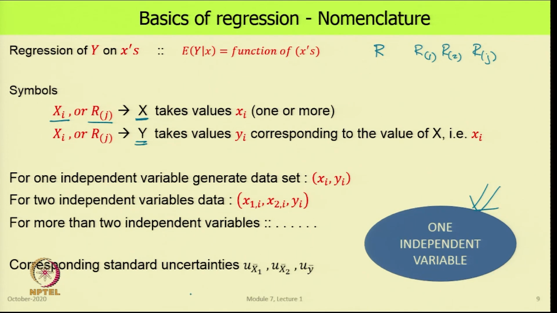There will be many instances where there could be two or more independent variables. Those we are leaving for a later discussion, not now. So, with one independent variable, we only have y as a function of x. That means everything else that is there in this function is a constant.